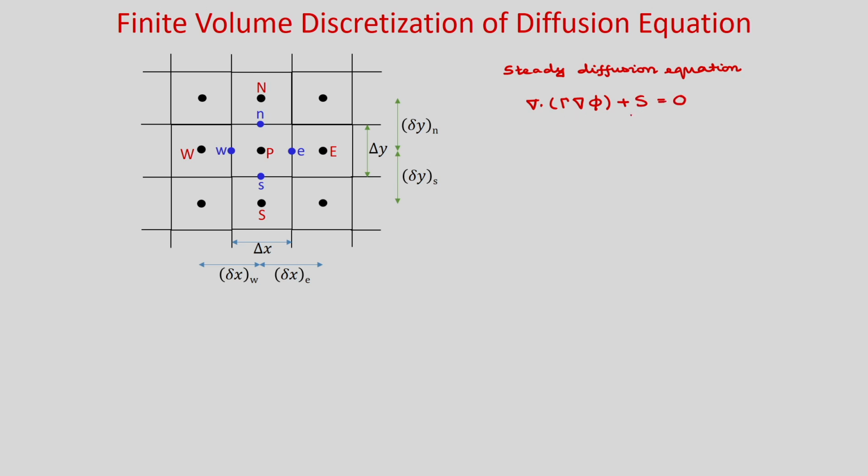So, S is the source term, maybe heat generation in case of heat conduction equation, and gamma is diffusion coefficient. So, it is K, thermal conductivity, for heat conduction equation.